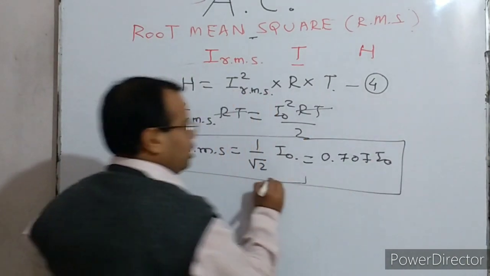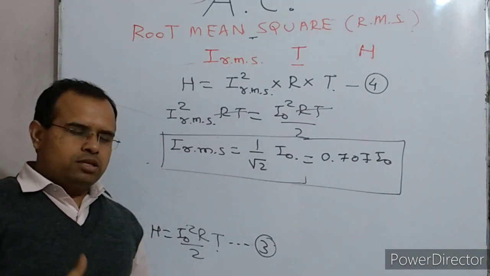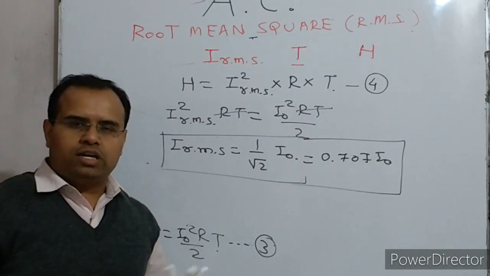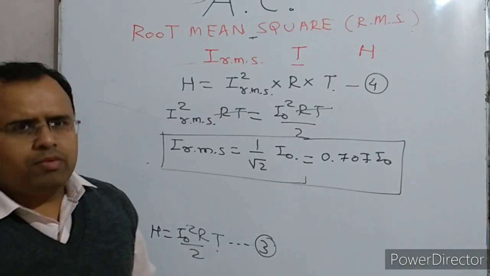So this is the root mean square value of alternating current. This is how you can derive the expression for it.